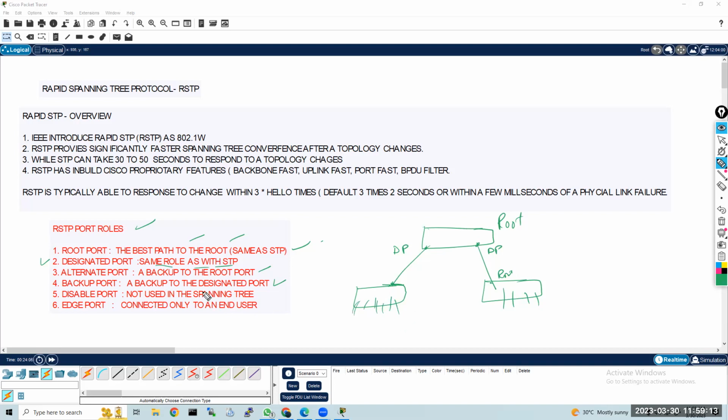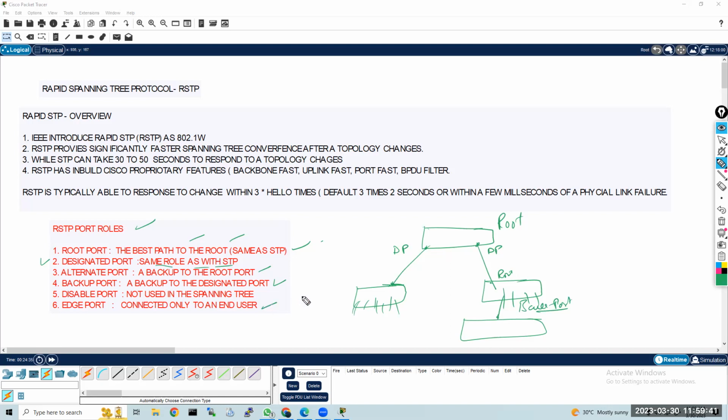Now, what is a backup port? A backup port is nothing but also a designated port. For example, this might be connected to any other device, and this will act as your backup port. Maybe if a link goes down, it will come up. And the disabled port is the one not in use.